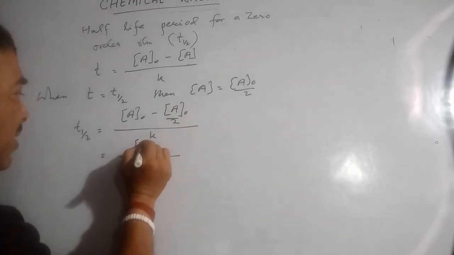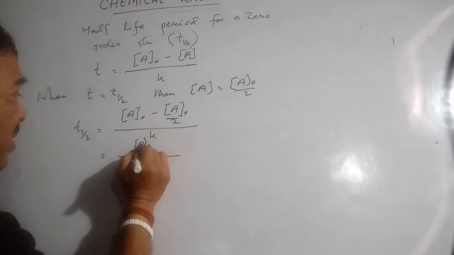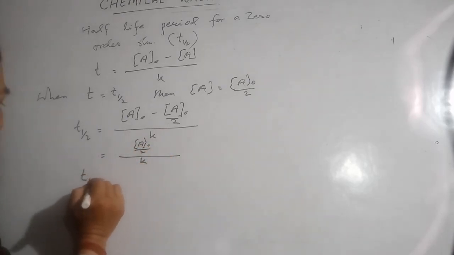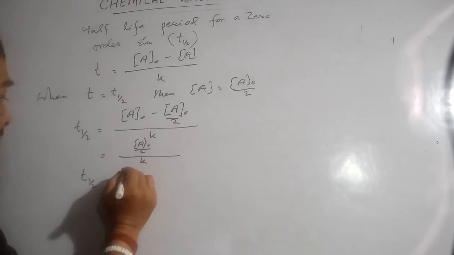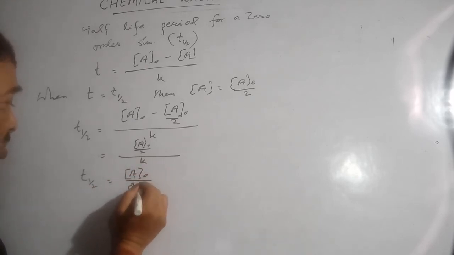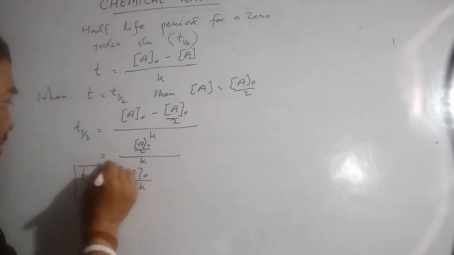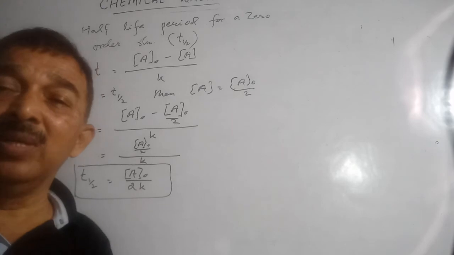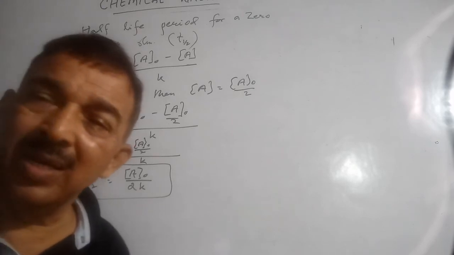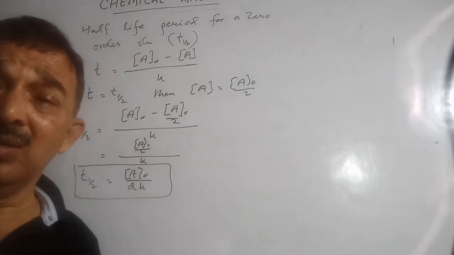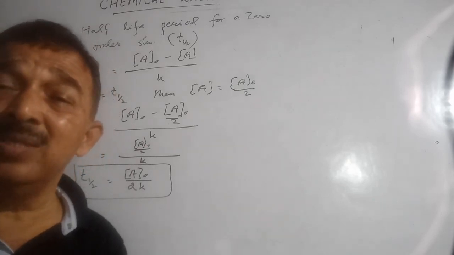So T half is equal to the initial molar concentration of A by 2K. This expression is the half-life period of a zero order reaction, or of a reaction whose order is 0.